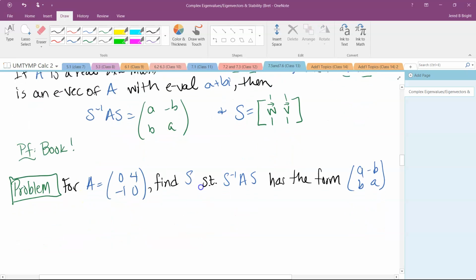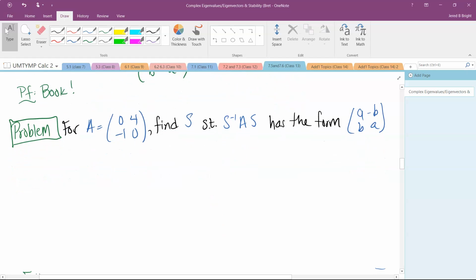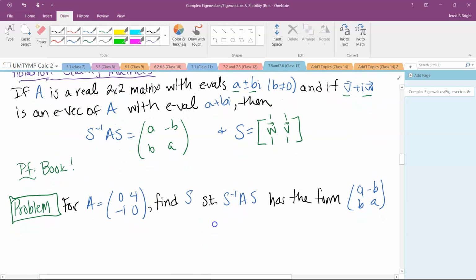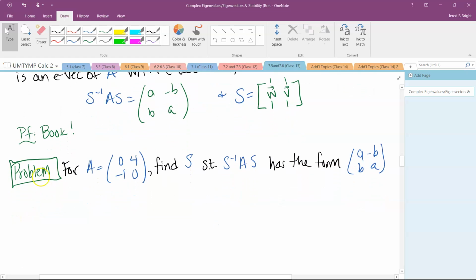Here is an example. We have A and we want to find S. Via the above definition, we can look at the determinant of A minus lambda I, set it equal to 0, and down the road you get lambda equal to plus or minus 2i.